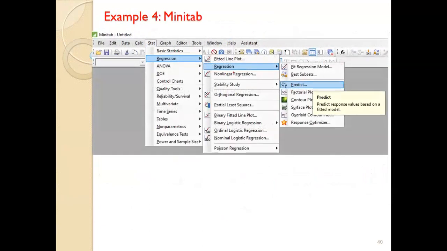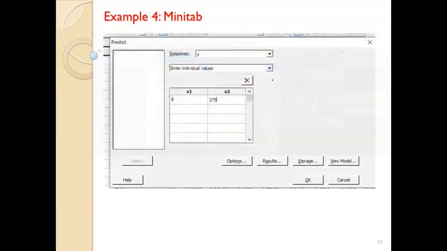For Minitab, after you fit the curve, if you would like to predict the observed or the new value, you can go to the regression and predict. That's the same as the simple regression. You would like to predict at x1, x2, you substitute x1, x2, and then you can calculate the new observation.